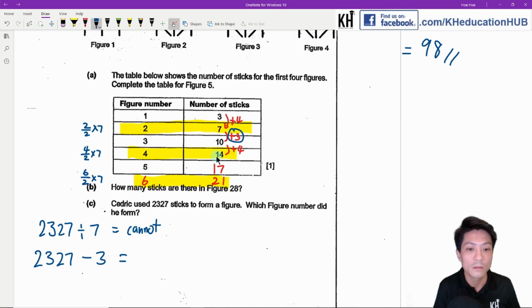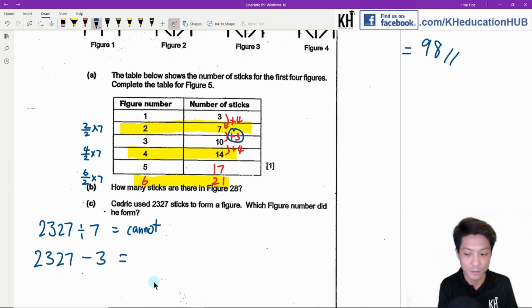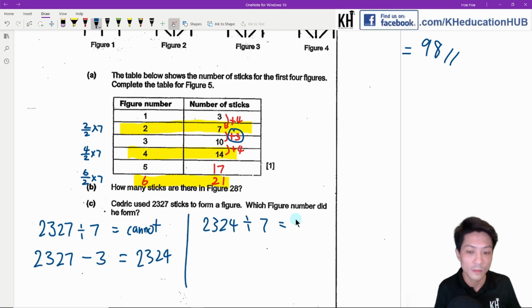Let me try 2,327 minus 3. Can it be divided by 7? Yep, okay, it can be divided by 7. Okay, 2,324. Then the next thing will be to use 2,324 divided by 7. Okay, 332.